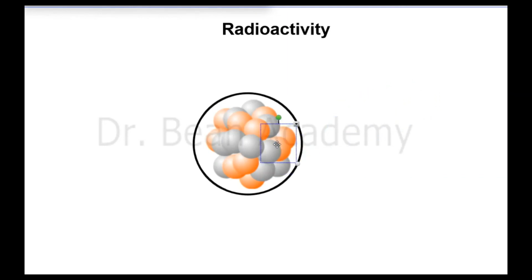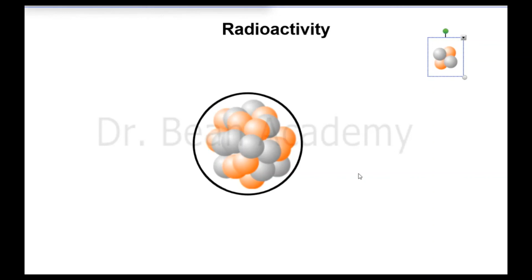So when an unstable nucleus which has a large number of protons and neutrons is unstable somehow, it emits certain radiation, maybe alpha particles. When alpha particles come out of the nucleus, the nucleus is now stable and the alpha radiation is out. But something will happen.